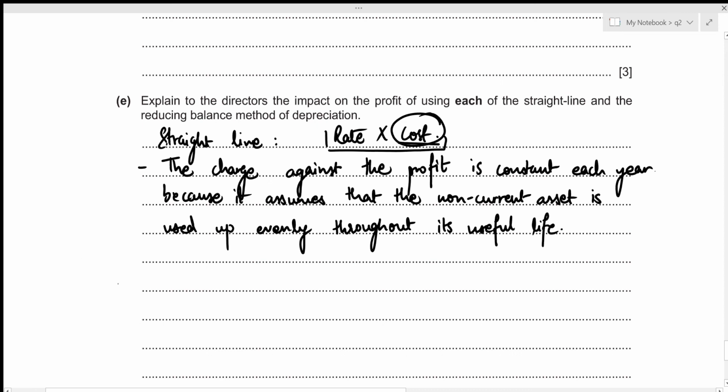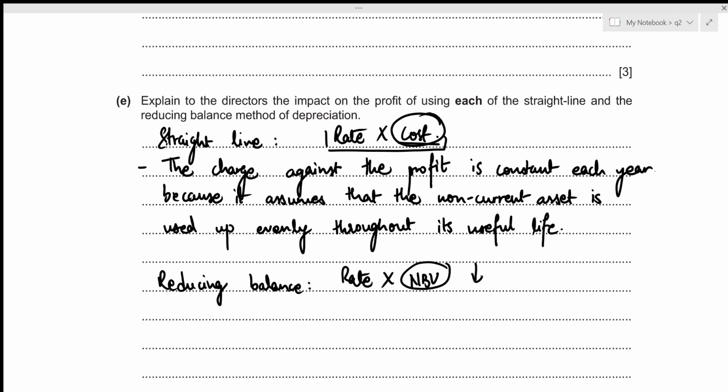Now let's move towards reducing balance. And under reducing balance method of depreciation, we know that the rate is being applied to the net book value, right? And we know that the net book value decreases each year because obviously the accumulated depreciation increases each year, which in turn results in the decrement of net book value. So the total depreciation amount will also decrease over the years.